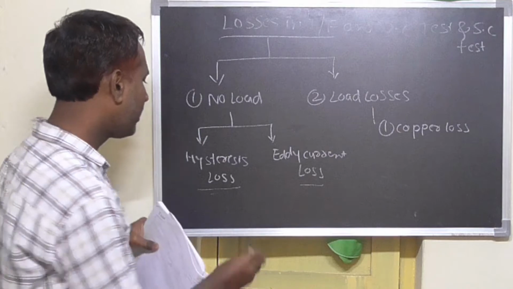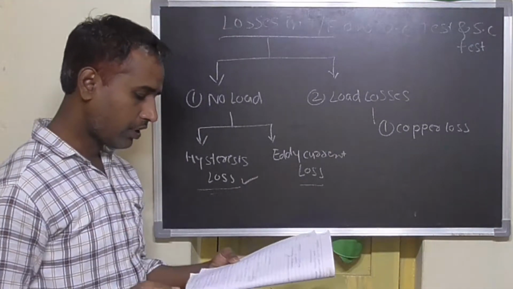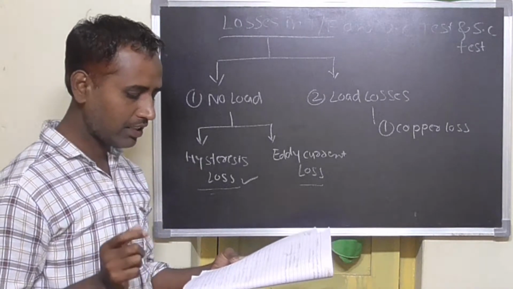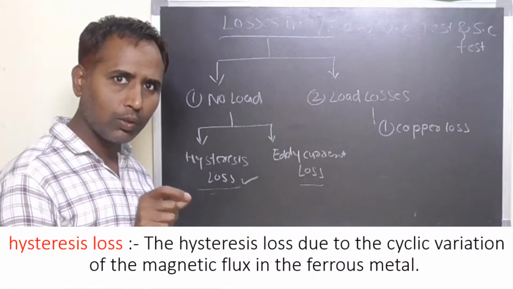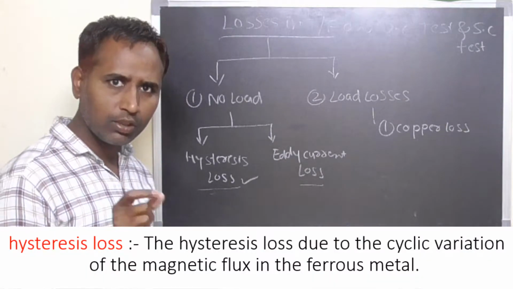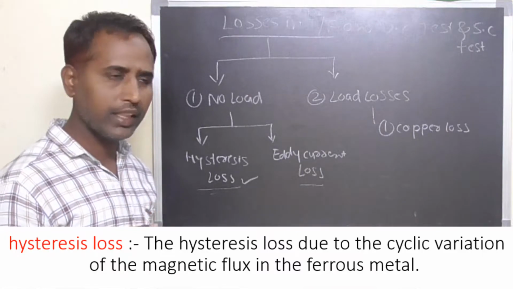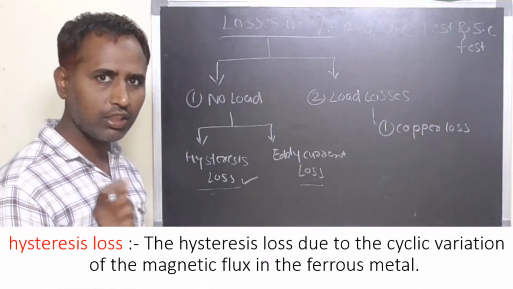So friends, hysteresis loss is due to the cyclic variation of magnetic flux in the ferrous material, which means we are magnetizing the core and demagnetizing the core frequently. Due to this the loss occurs, that is hysteresis loss.